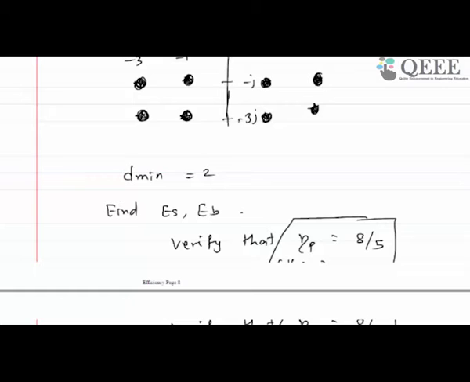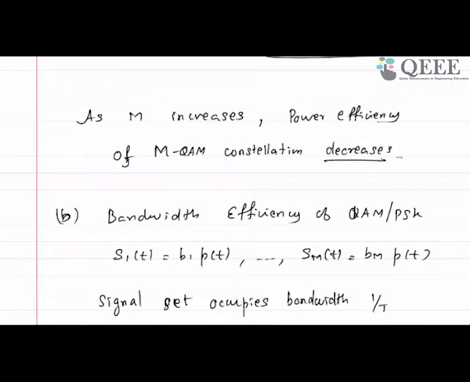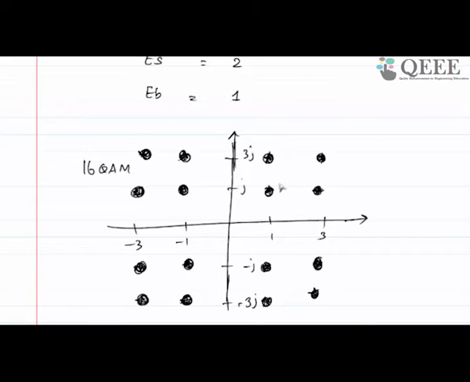While QPSK has power efficiency 4, 16 QAM has power efficiency 8 by 5. In general, when you increase the size of the constellation, if you use 64 QAM and 256 QAM, the power efficiency decreases because you are putting more and more points in the constellation, so the minimum distance keeps decreasing.